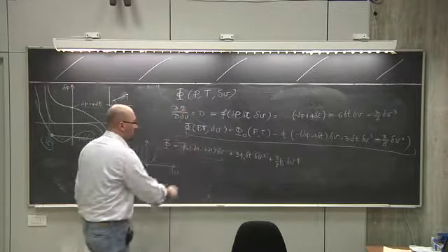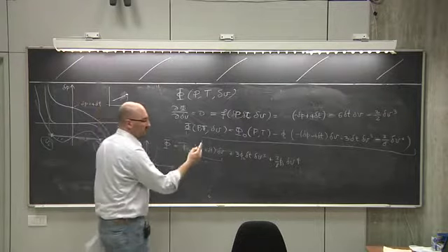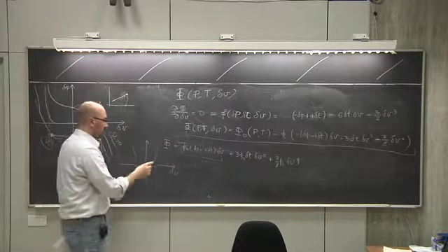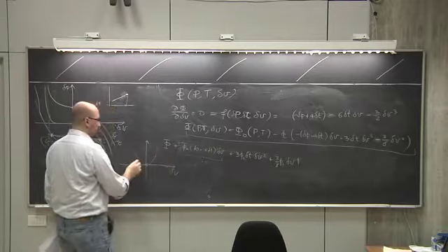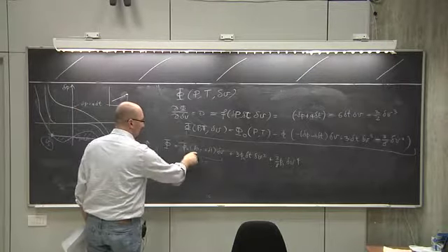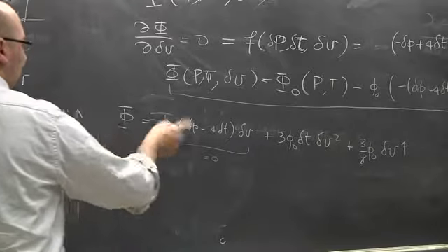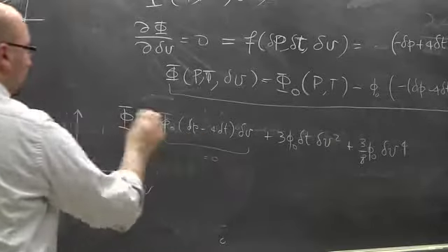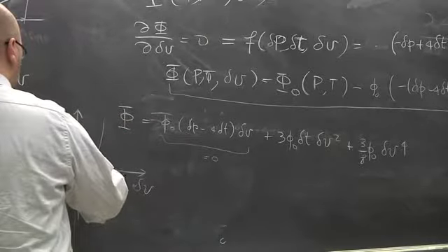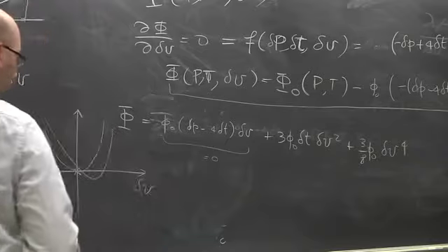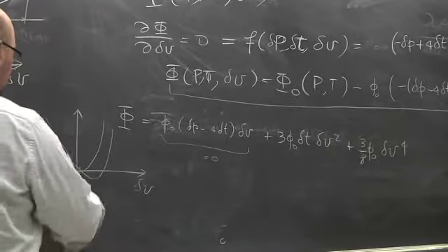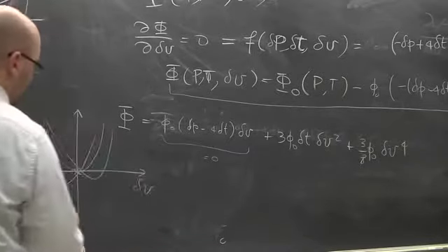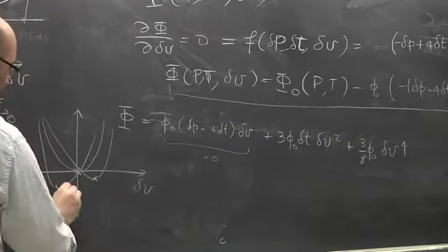If it is not equal to 0, then we still have a single minimum if delta t is positive, only it's going to be a little bit shifted, to the right or to the left, depending on whether this term is positive or negative. So you can have something which looks like this, or something which looks like this.